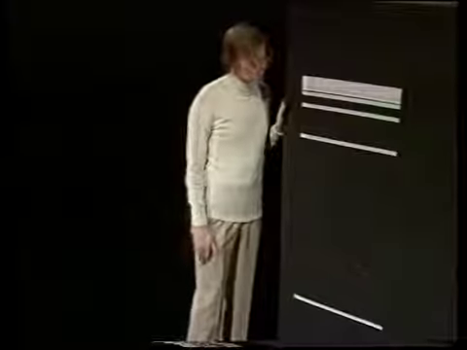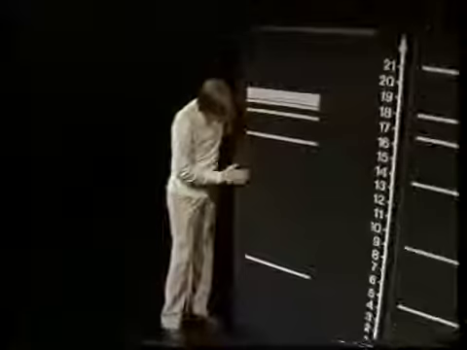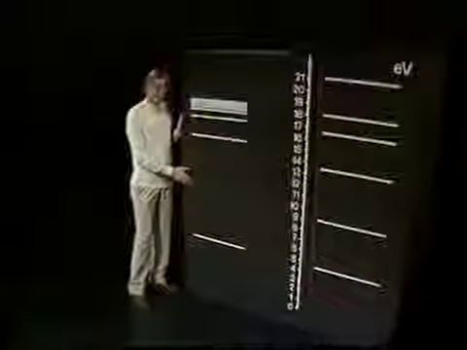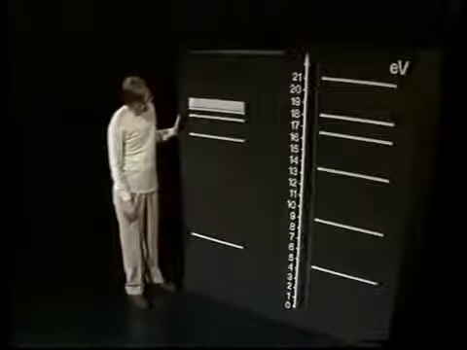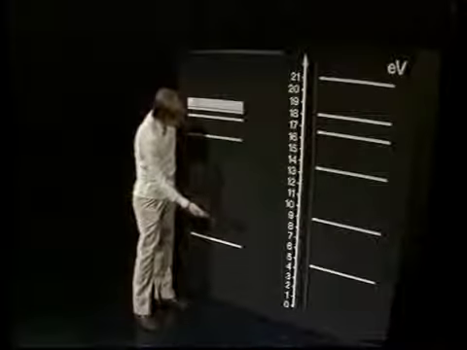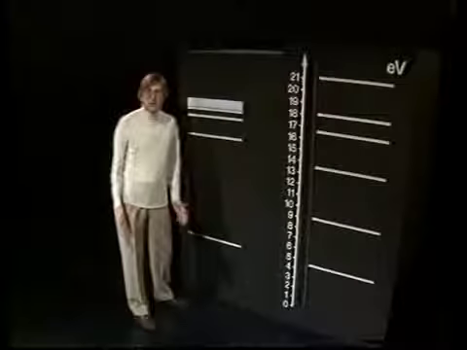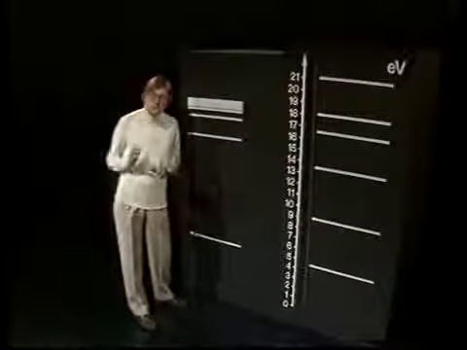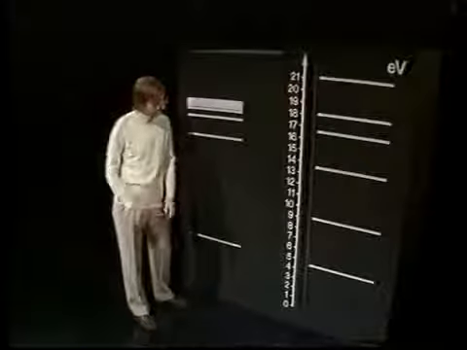So how well do these experimentally determined energy levels agree with the model? Well, we've aligned the bottom levels for comparison. And we can do that because we're only interested in the spacings, not in the absolute values of the energies.